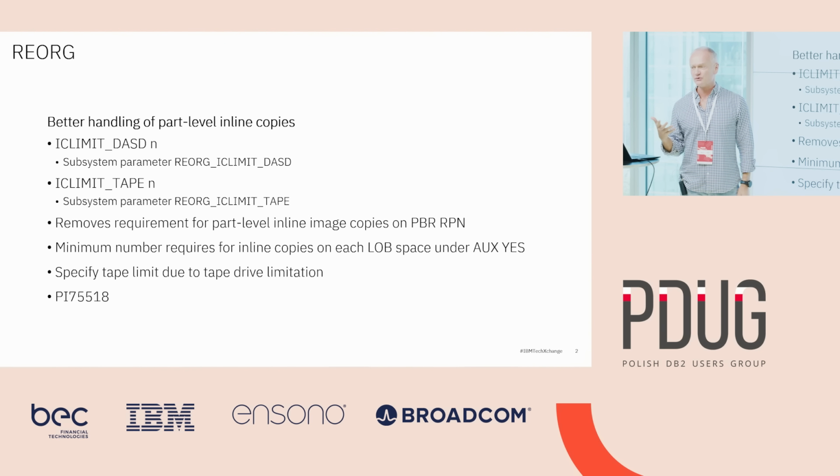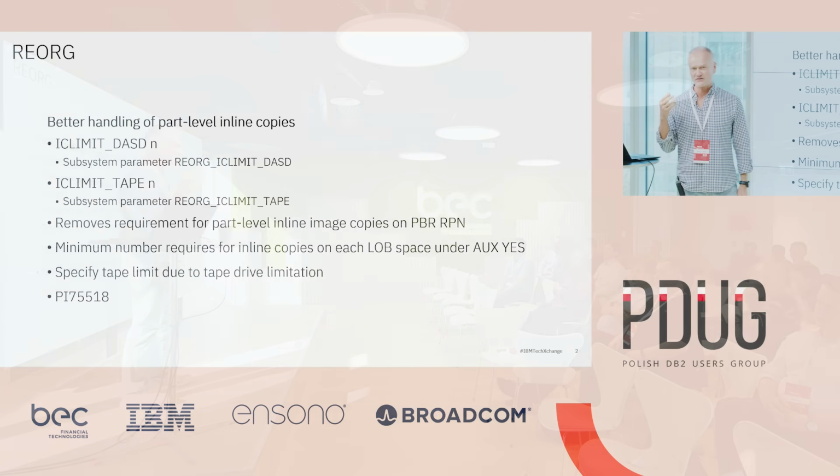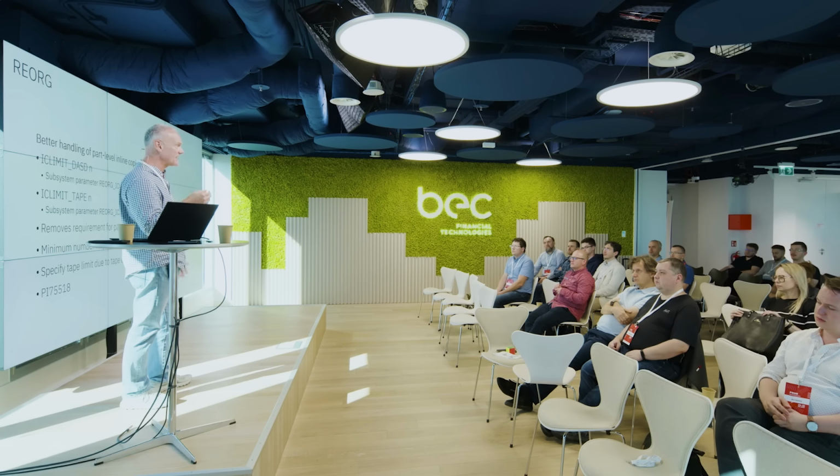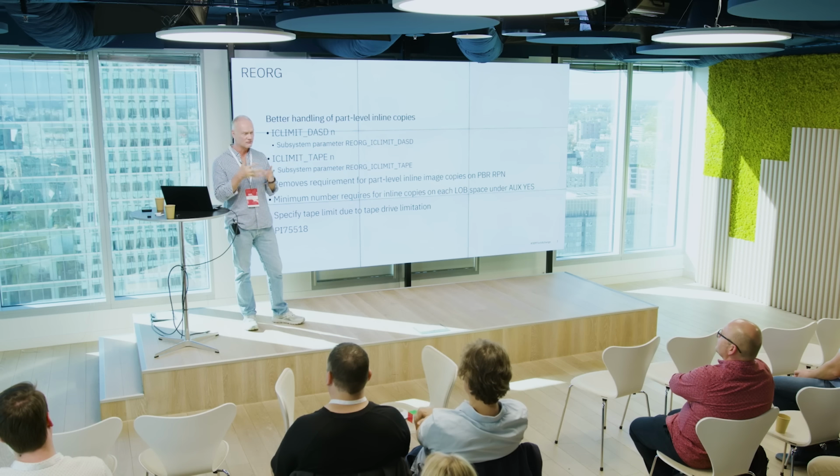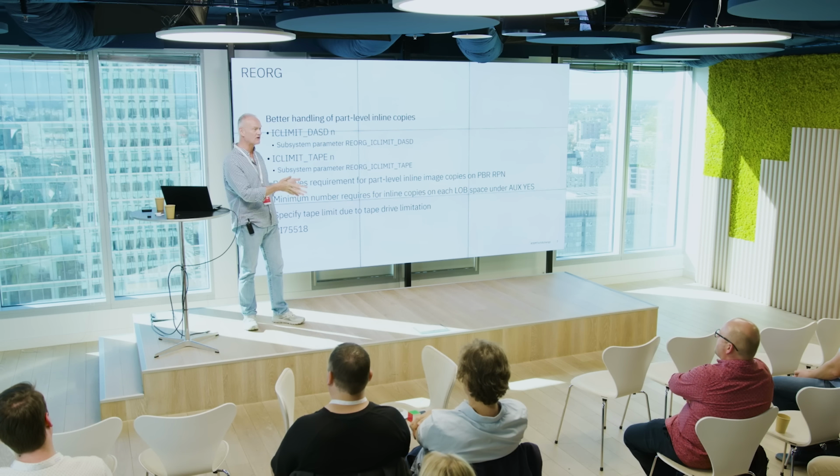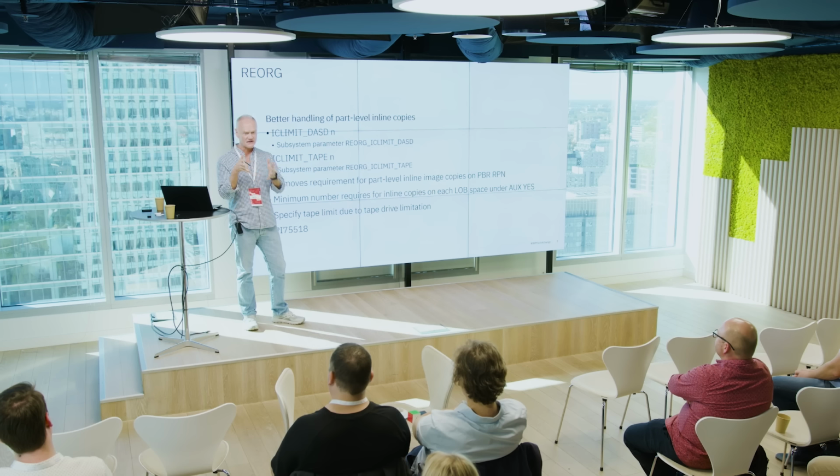The way you choose whether you want partition-level image copies or not is by specifying an &PA or &PART variable in the template for the image copy dataset. If you do, then you will get partition-level image copies, because the Reorg utility knows that the image copy dataset name has the partition number in it. Okay, so it's that simple.